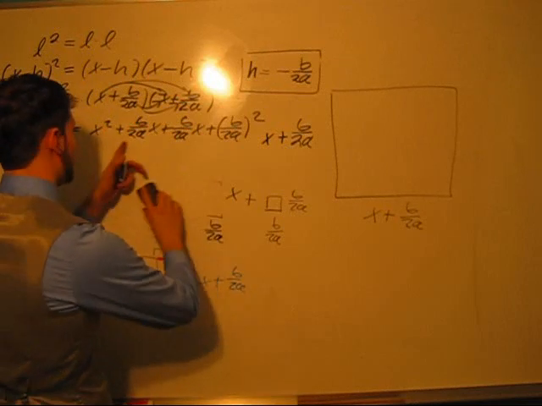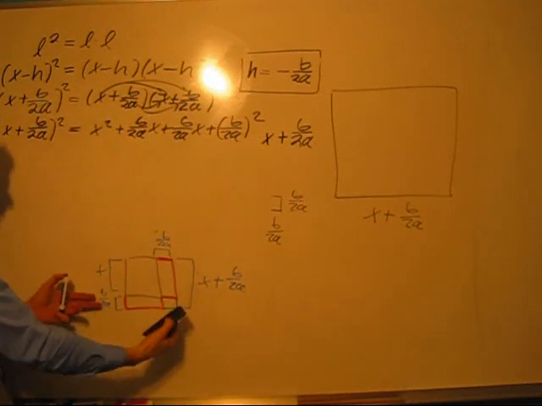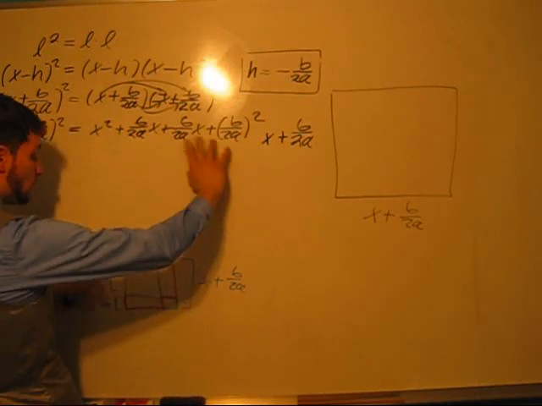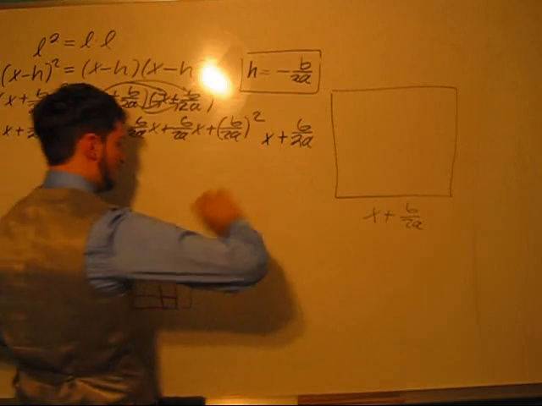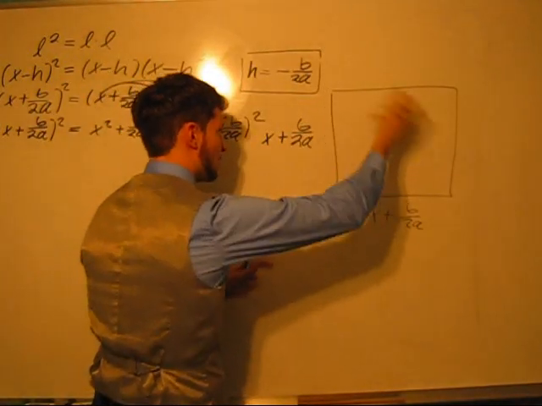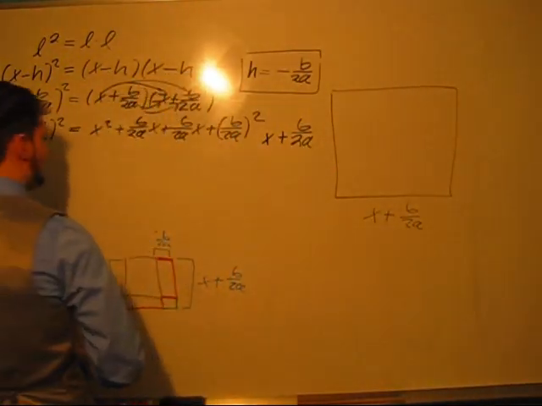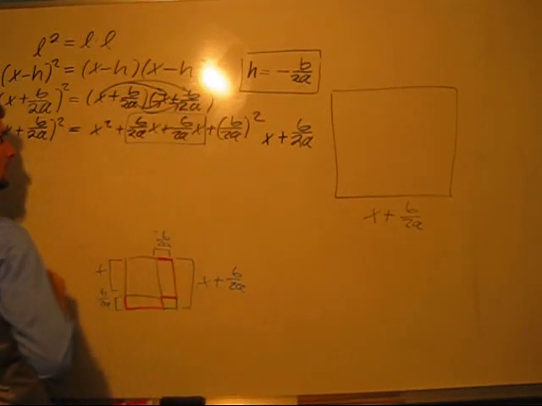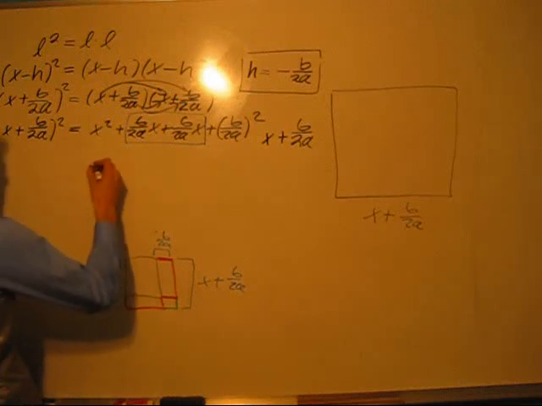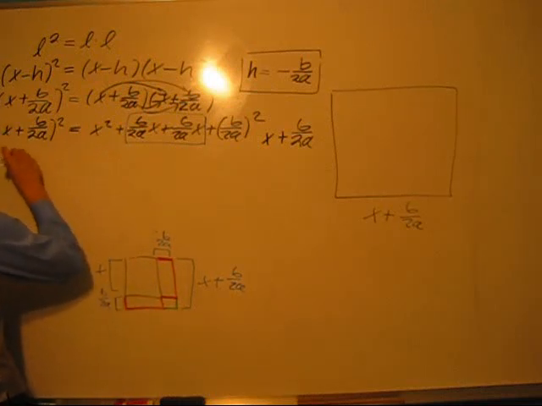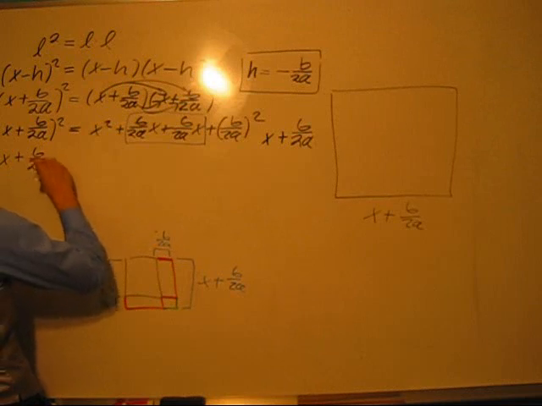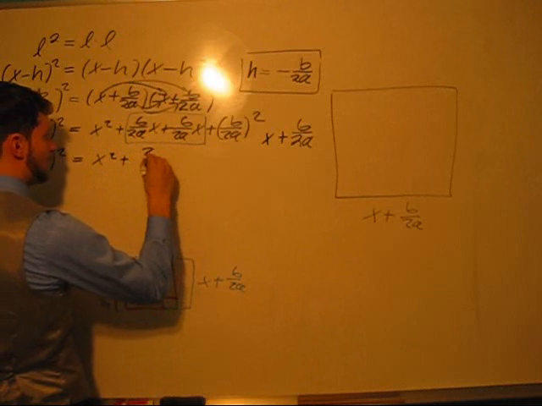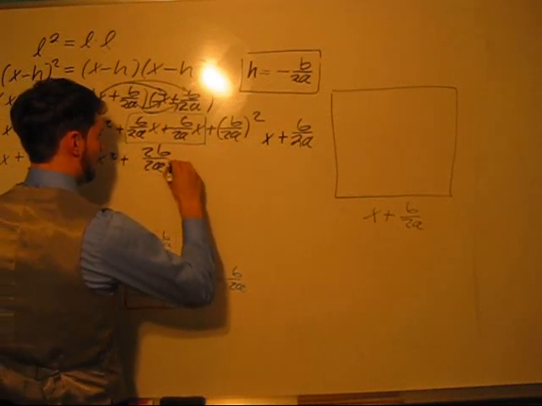We can simplify this side algebraically, but it will imply the same meaning, the same geometric model that I've shown here: that we've put four different components together in such a way that they're synonymous to a perfect square. Observe here that we have like terms. We can thus combine them such that (x + b/2a) squared is equal to x squared plus, combining these, 2b divided by 2a times x.